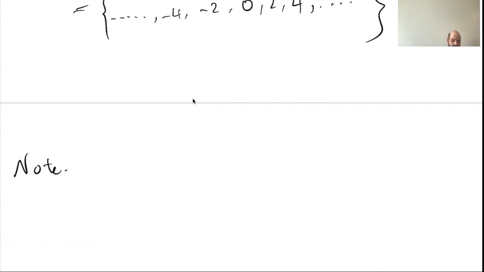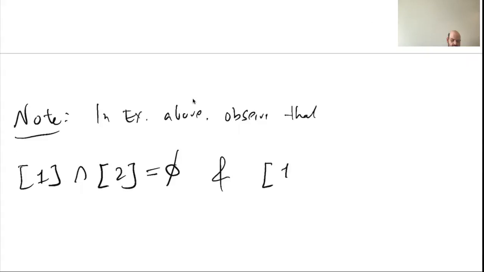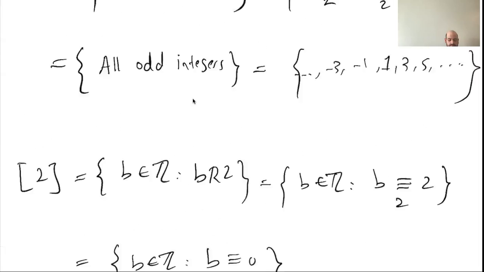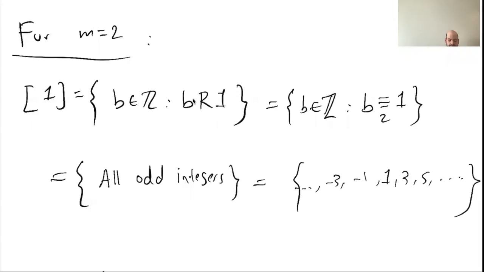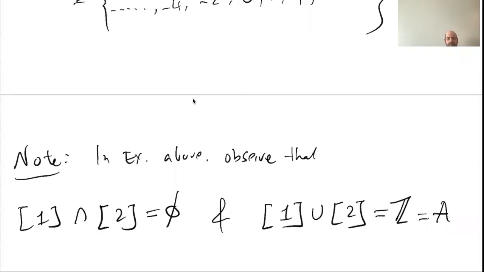So note, in the example above, observe that there is no intersection between the equivalence class of 1 and the equivalence class of 2, and the union of the equivalence class of 1 and the equivalence class of 2 is the set of all integers, which was my A. So here I have two sets with no intersection, one of them odd integers, one of them even integers, and their union is the set of all integers.